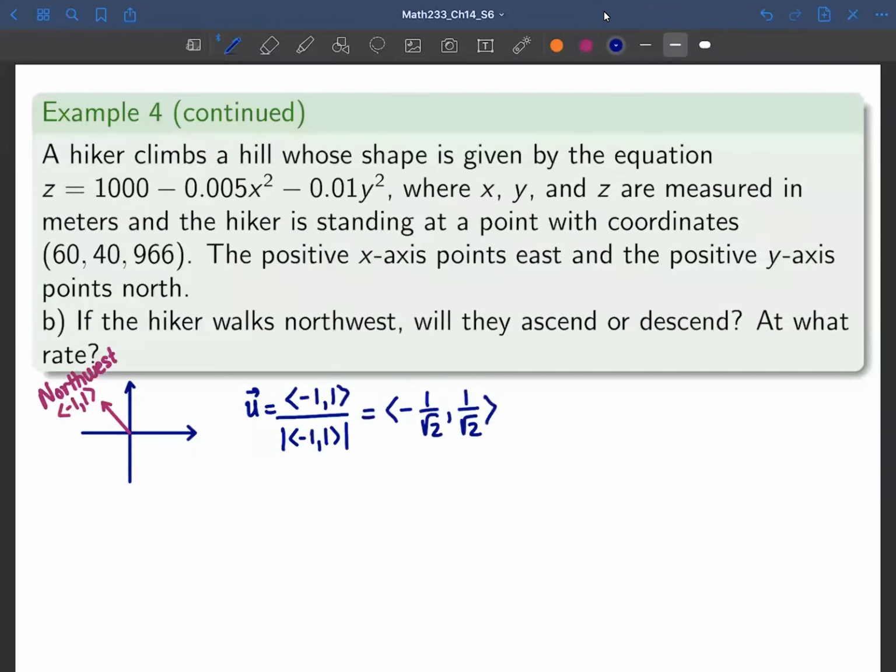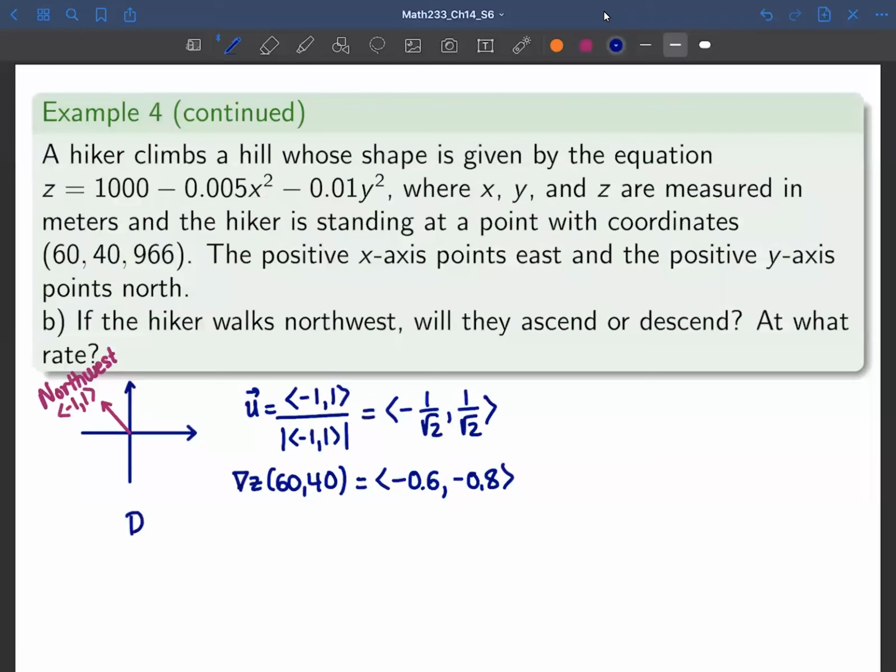Now from before, we know that the gradient vector of z at the point 60, 40, since this is the point where the hiker is standing, is equal to the vector with components -0.6 and -0.8. This is something that we calculated in the first question.